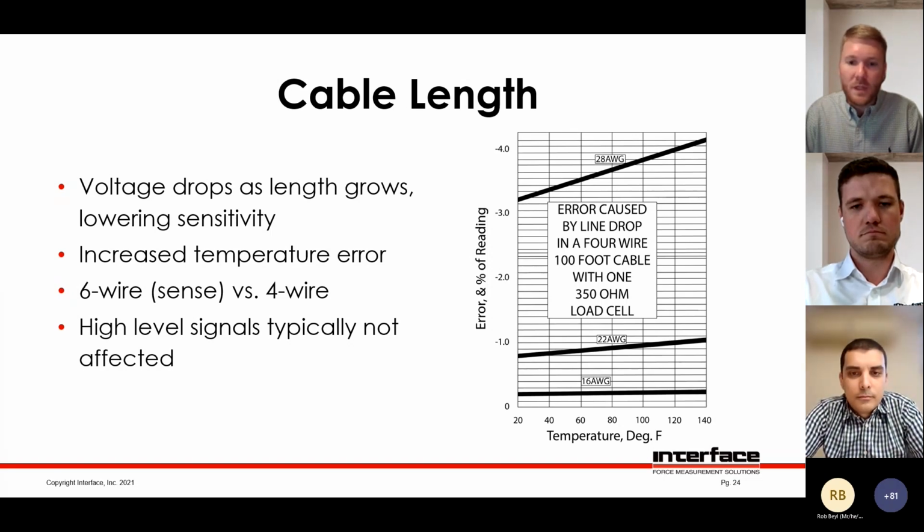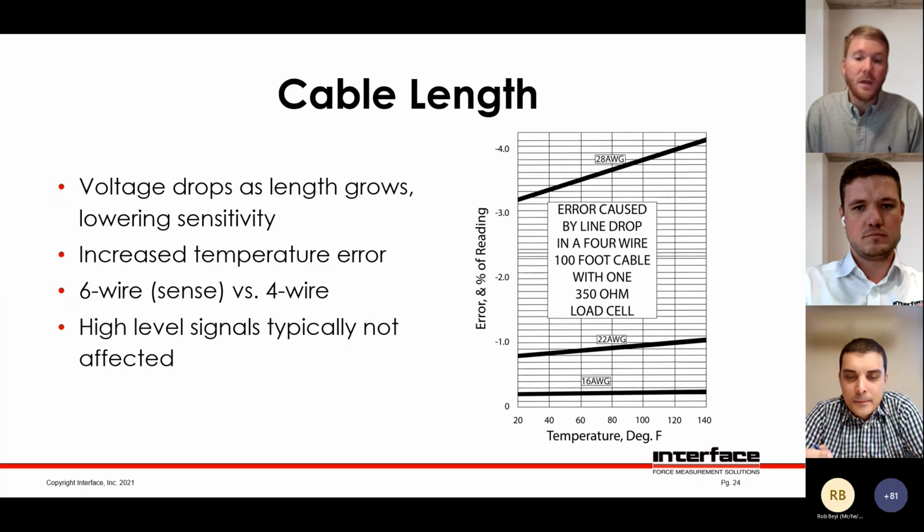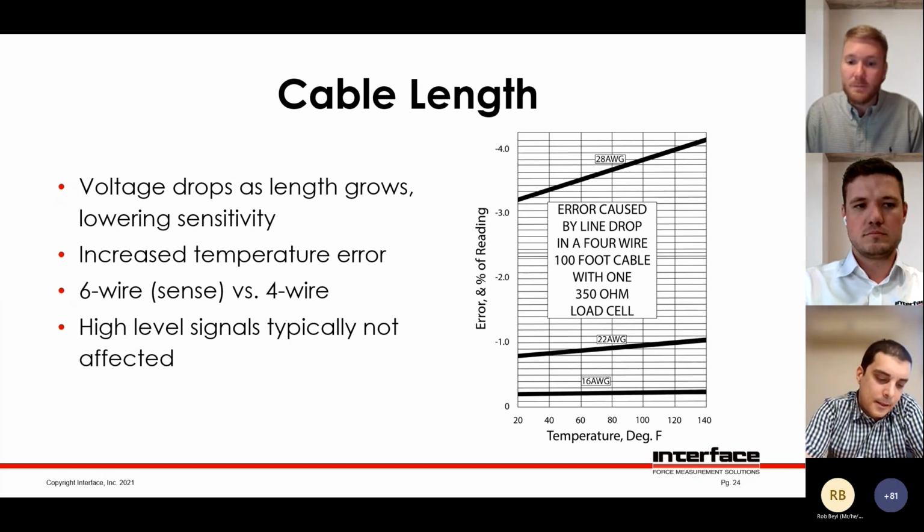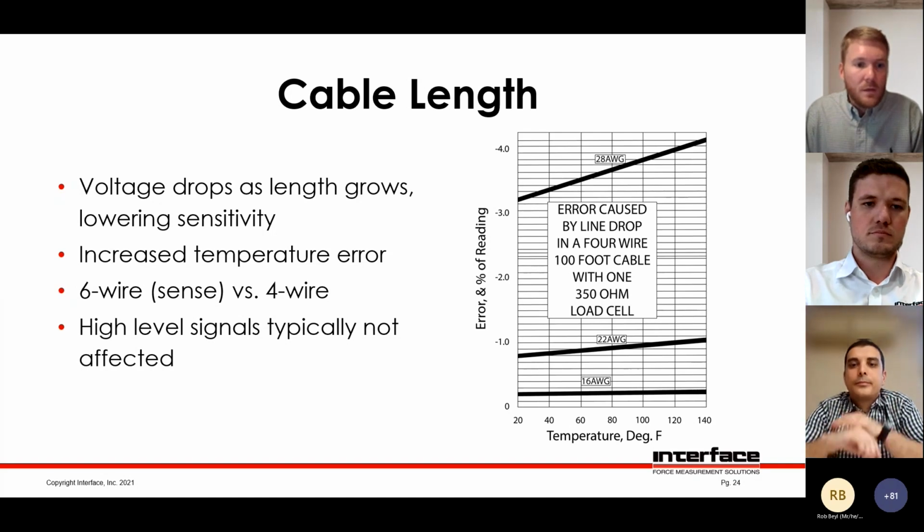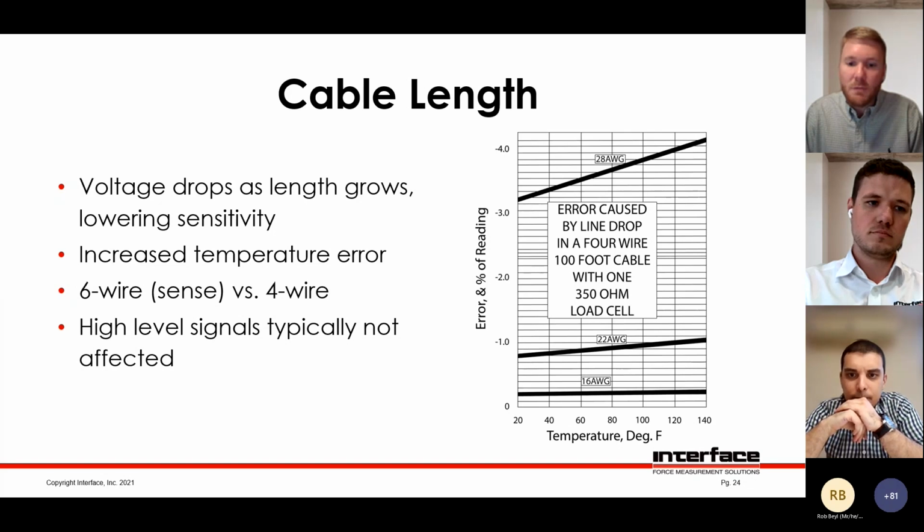Every load cell cable has at least 4 wires: excitation plus and negative, signal plus and negative, and then we add these 2 sense wires. It will read the excitation at the load cell and provide that information back to the instrumentation. The instrumentation can scale that correctly and provide greater excitation, which will allow the load cell to provide that signal back to the instrument. High-level signals, milliamp and voltage signals, are typically not affected at reasonable cable lengths.